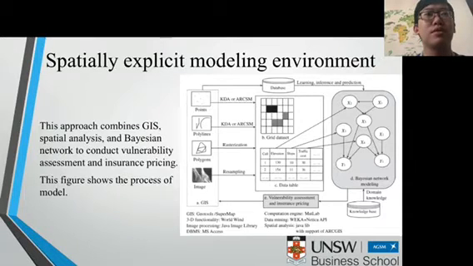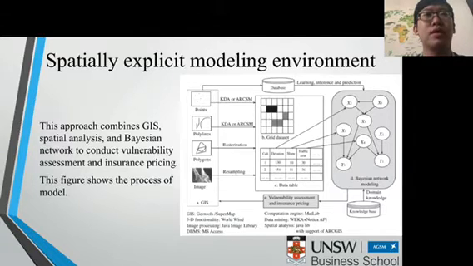The spatially explicit modeling environment for our approach contains GIS, spatial analysis, and Bayesian network to conduct vulnerability assessment and insurance pricing. This model is based on the grid dataset to present the predictive indicators and target variable, and extract the table of attributes.